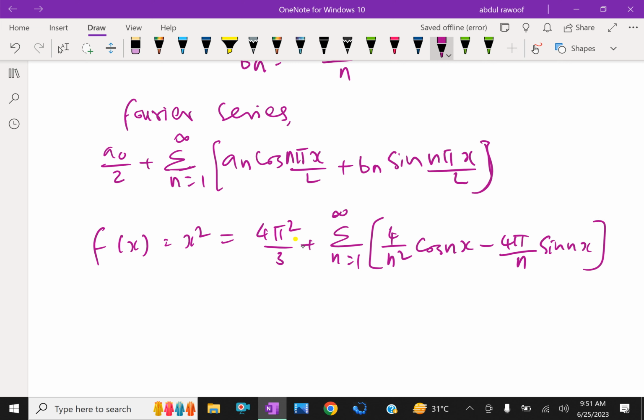This is the Fourier series for the limits 0 to 2 pi. Now we got a Fourier series for x square.